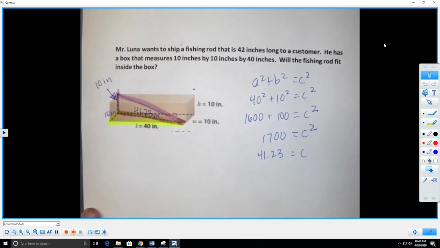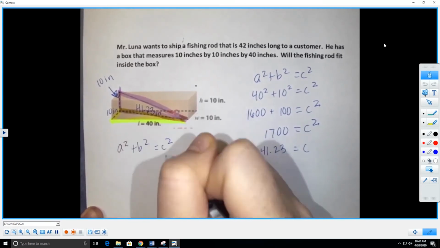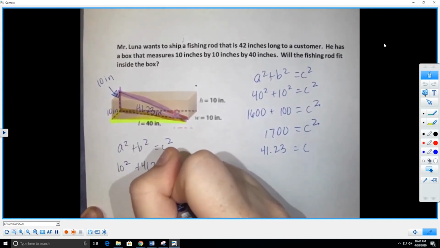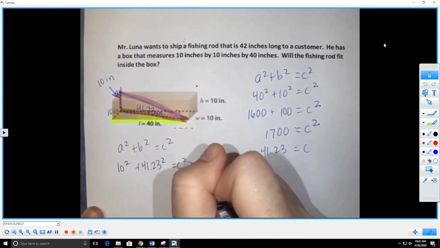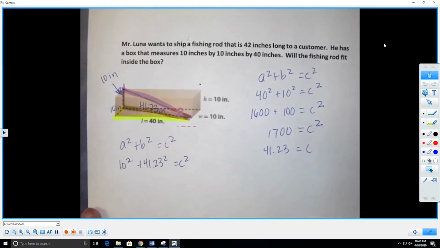So we have a squared plus b squared equals c squared. 10 squared plus 41.23 squared equals c squared. Now you see if you can take it from here to find the diagonal length.